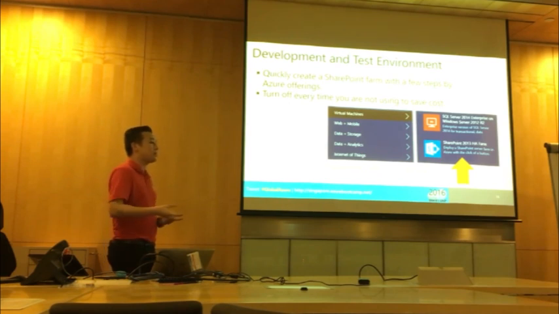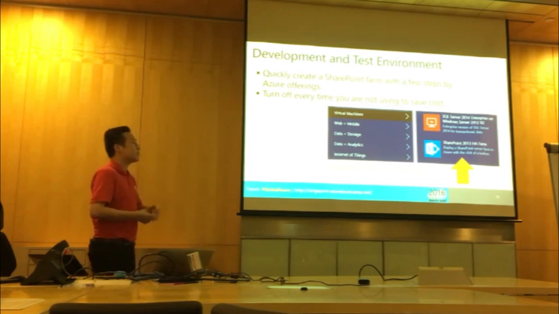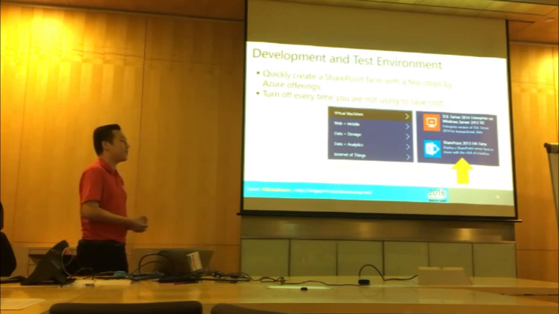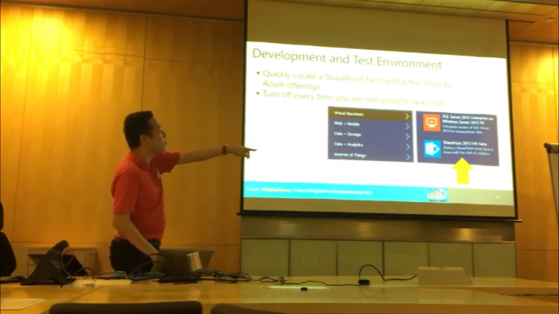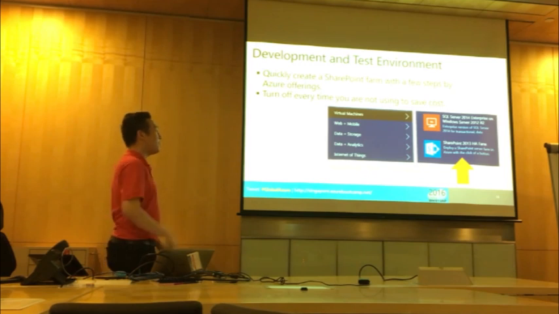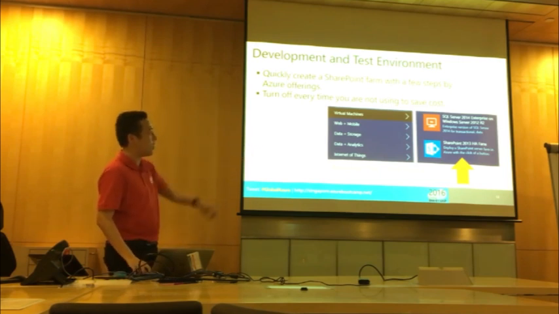You get the developer into developing the application, combine the package, and deploy to the production environment. And you turn off your VM every time the developer is not using it. You can very quickly create a SharePoint farm in Microsoft Azure. Just go to the Azure portal, new VM, and search for SharePoint template, the HA farm.